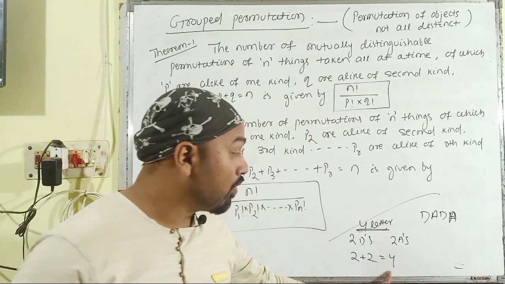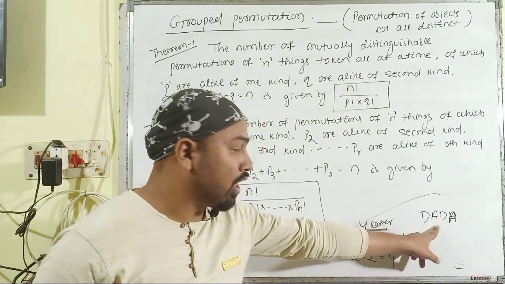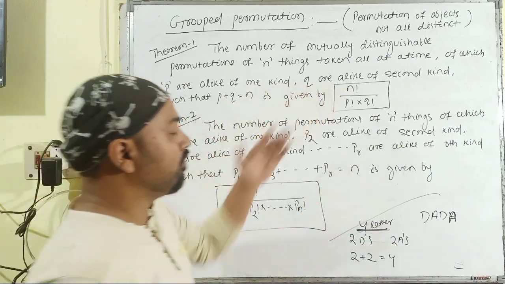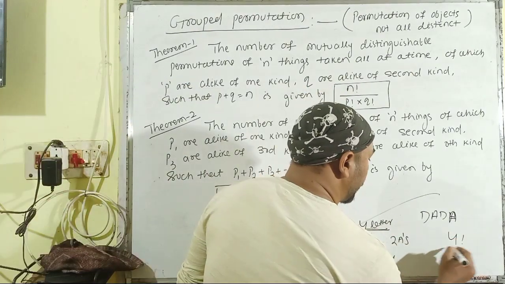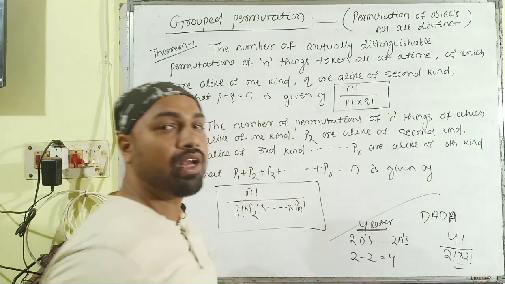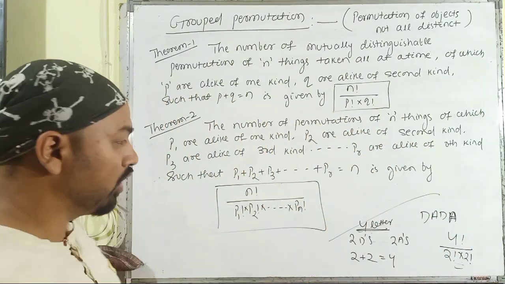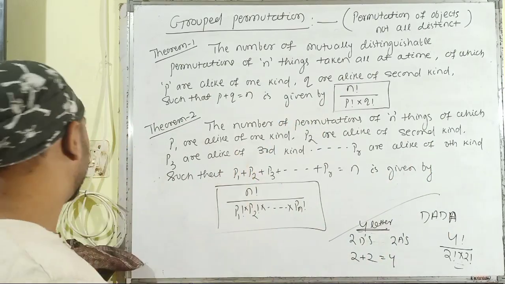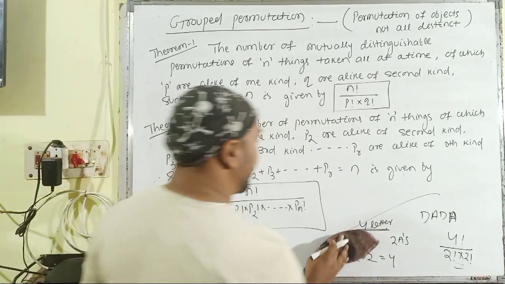That means the total number of objects, 4, is equal to the total number of letters here. So this can be defined as 4 factorial divided by the multiplication of 2 factorial with 2 factorial. This is simply the solution. We will discuss this in a problem after completion of this fundamental.